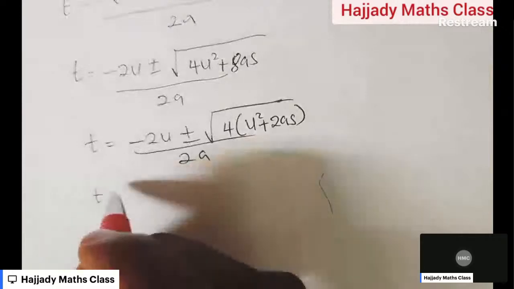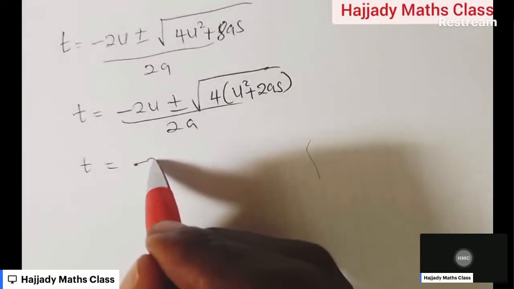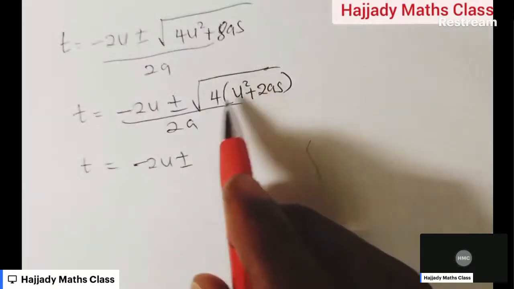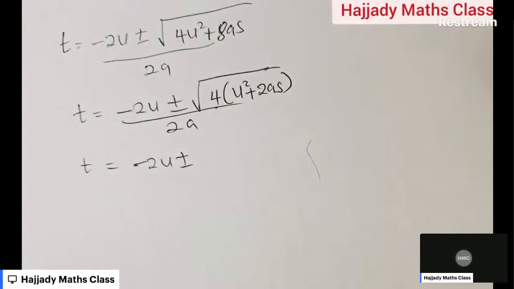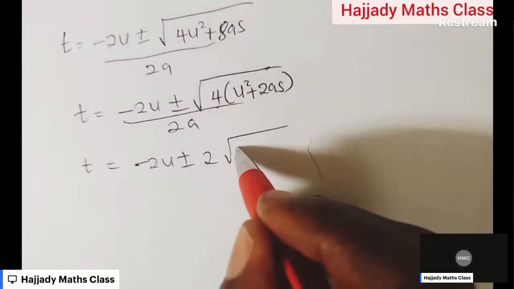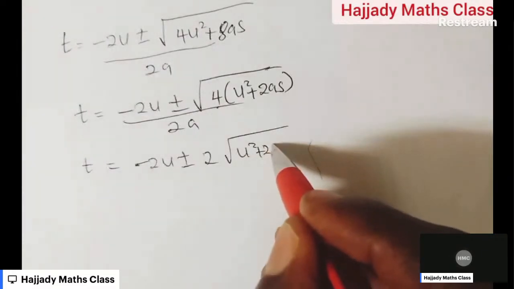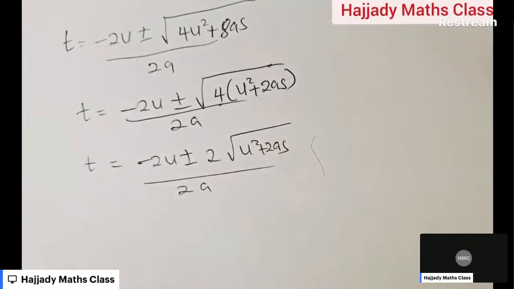And here we have t equal to minus 2u plus or minus the square root of 4, which is 2, root u squared plus 2as, all over 2a.